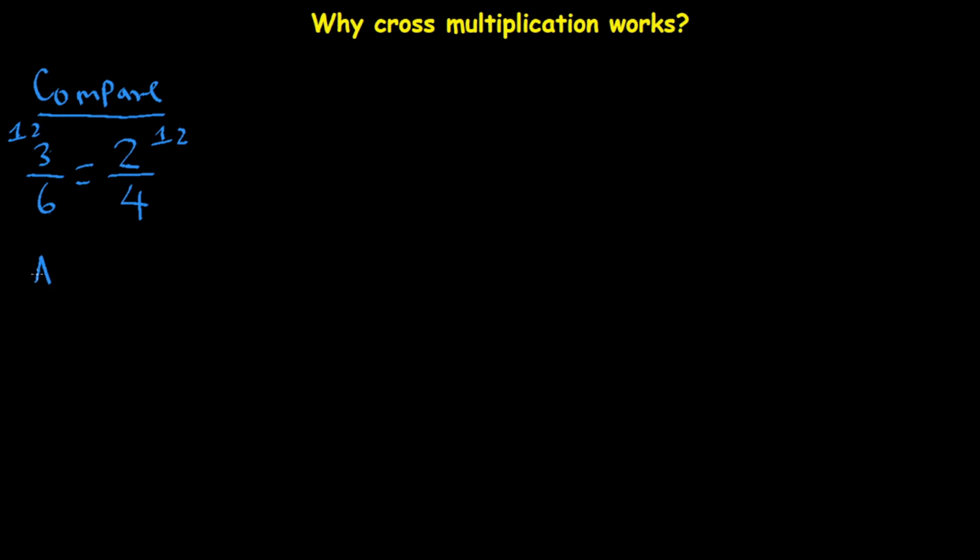This works also for addition. Let's add those fractions, 2 over 4 and 3 over 6, and we do the same. 3 times 4 is 12, and 2 times 6 is 12, and here we are going to add a new step, which is to multiply the denominators together.